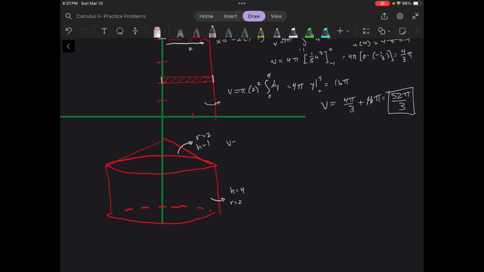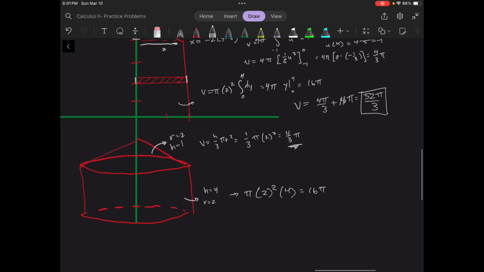So this one on top becomes h over 3 pi r squared. So 1/3 pi 2 squared, so 4/3 pi. Check. This one right here becomes pi r squared times height, 16 pi. So check. So the total volume would be this value added to this one, which we found to be 52 pi over 3.